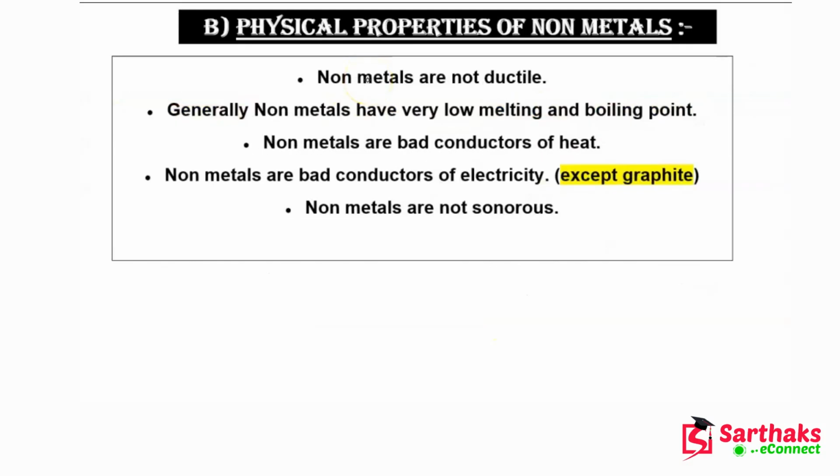Here we will be discussing some other properties of non-metals. Non-metals are not ductile. What is the meaning of ductility? As we have already seen when discussing the physical properties of metals, ductility means metals can be drawn into thin wires.